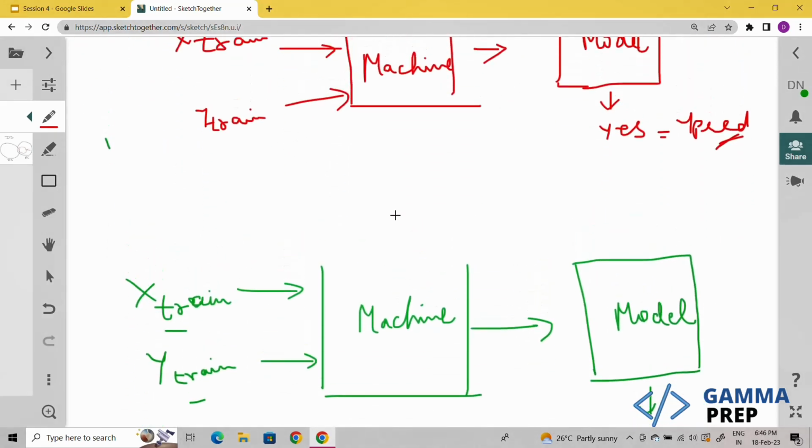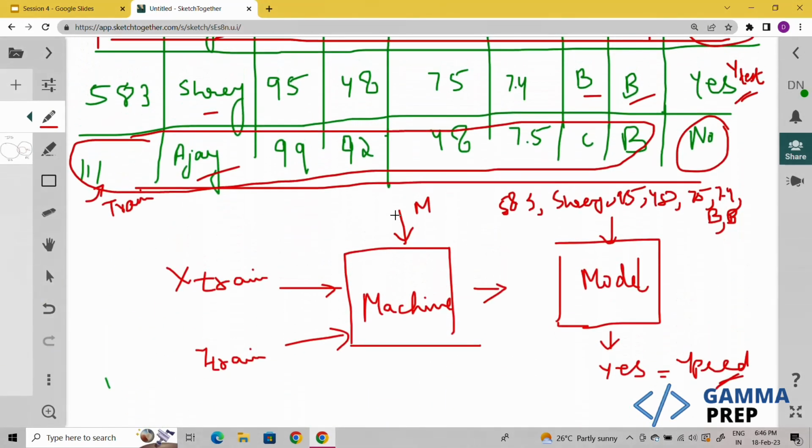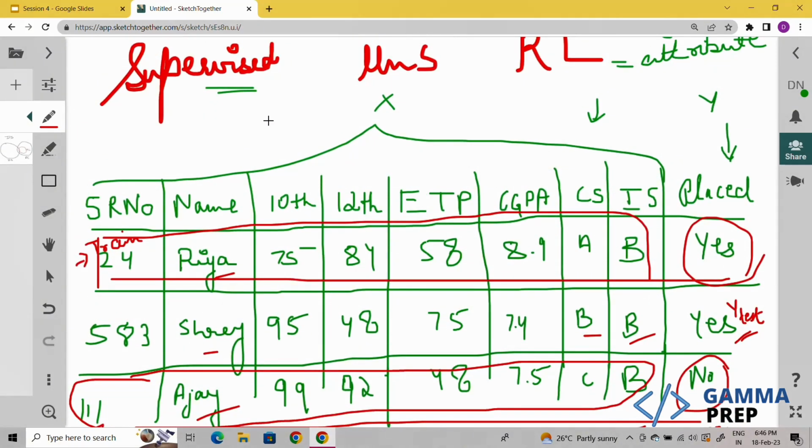Now, one more thing. Supervised learning has two categories. One category is called classification and the other is called regression. Obviously there's a lot of difference, basically for different algorithms there are different models. So for classification we'll have different models, and for regression also we'll have different models.